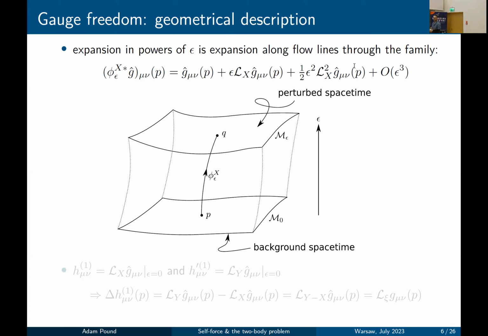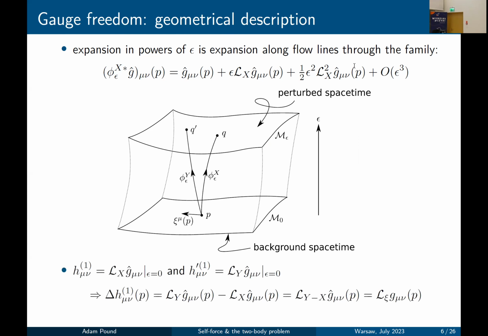Now, I find this very useful when you're dealing with complicated calculations, just to think about what gauge is actually meaning here without having to introduce any coordinates. It also gives you a simple way of deriving gauge transformations. So H1, where we've expanded along this curve on the right, H1 is the linear term in this expansion.